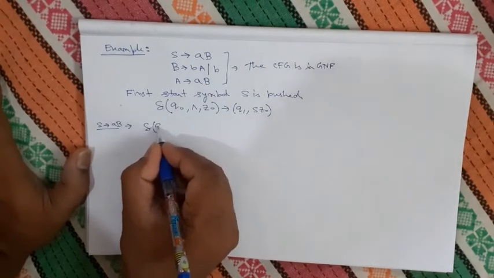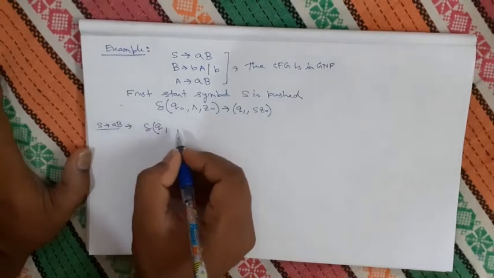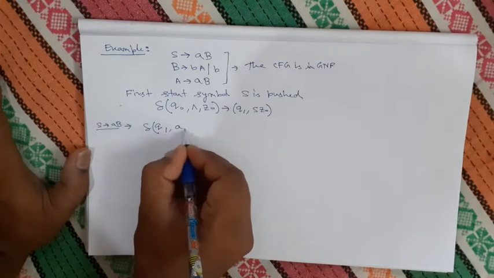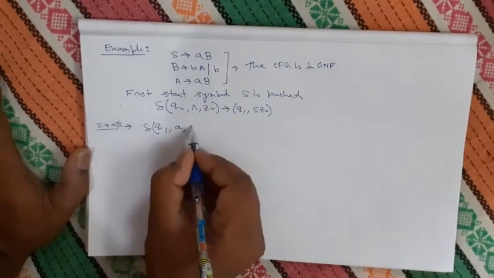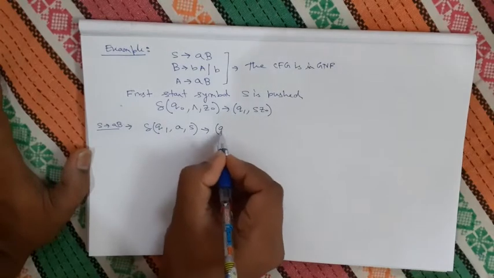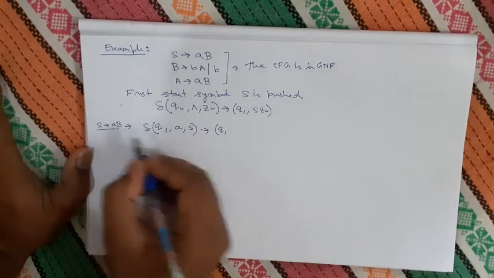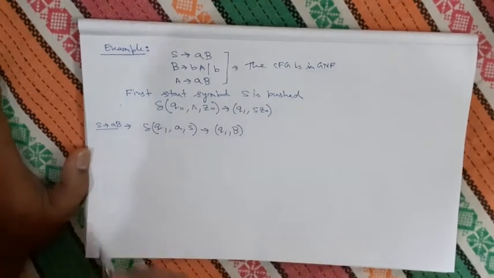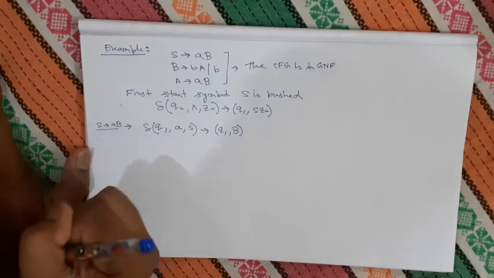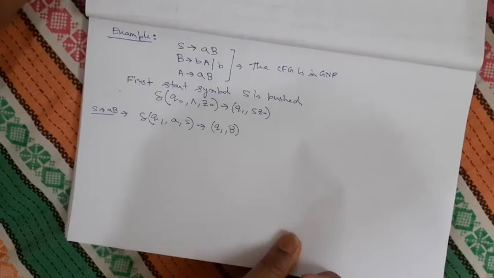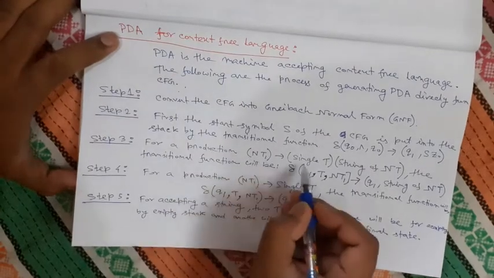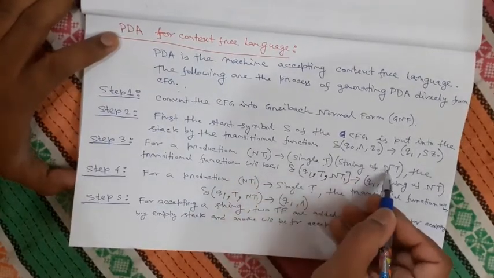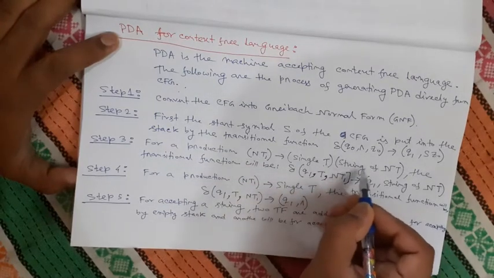Delta of q1, then terminal symbol a, then NT1 means S, will tend to q1, string of non-terminals, q1 comma B. As per the third rule, just see what was written: non-terminal 1 tends to a single terminal and string of non-terminals, that means S tends to small a capital B in the example.